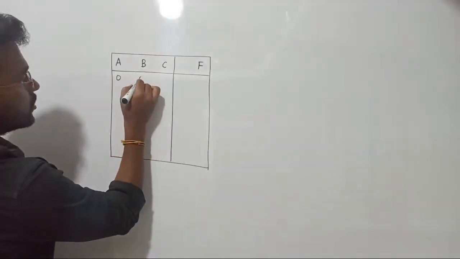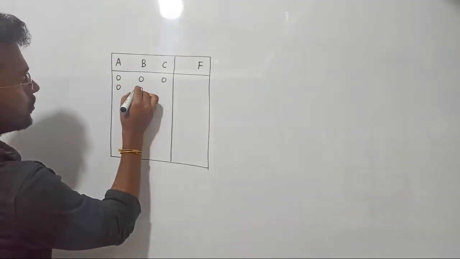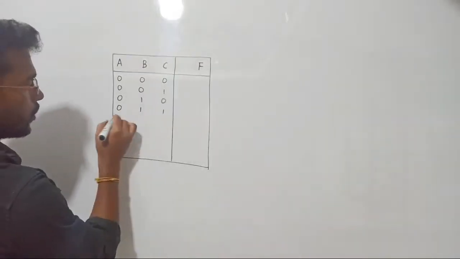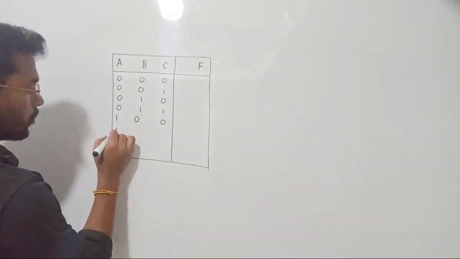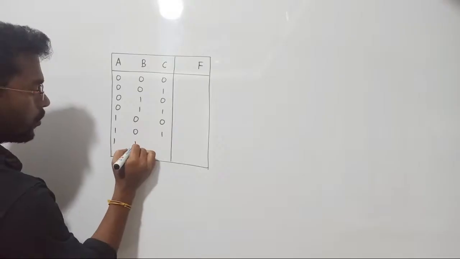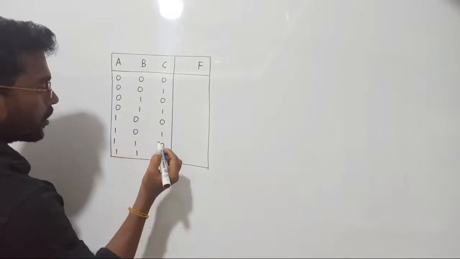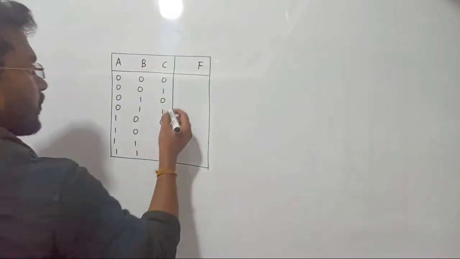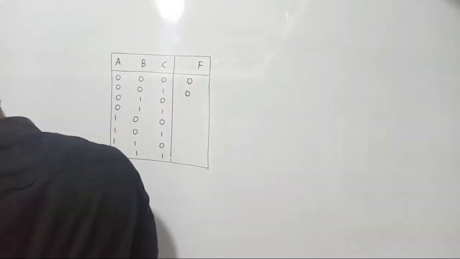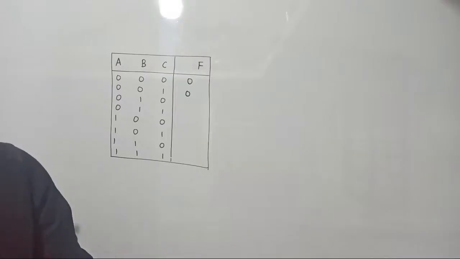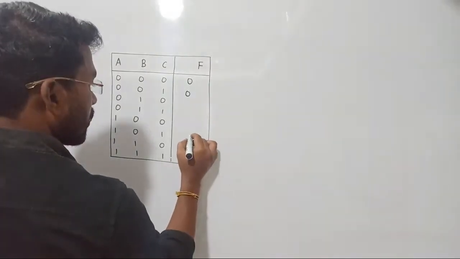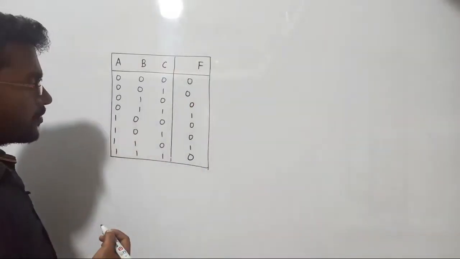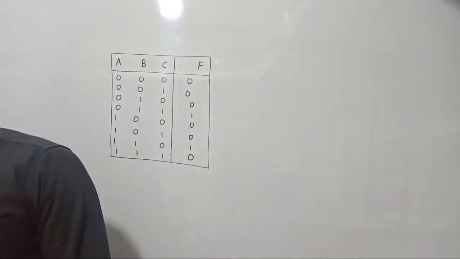First, they are going to be 000, 001, 010, 011, 100, 101, 110, 111. Let's write the output values that are given: 0, 0, then 1, then two more zeros, again 1, again 0, for 1 through 8. Yes, that is the given answer.